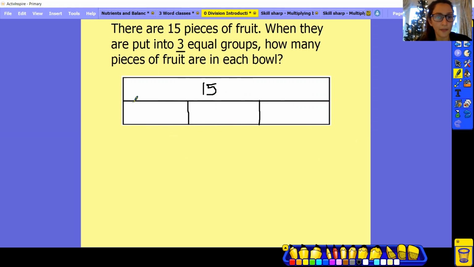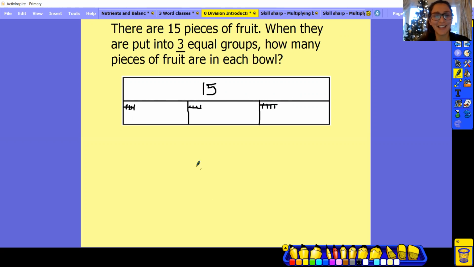So then, if you know your times tables facts really well, you might be able to do this really quickly. However, if you're not quite sure, we can do this together. So 1, 2, 3, 4, 5, 6, 7, 8, 9, 10, 11, 12, 13, 14, 15.